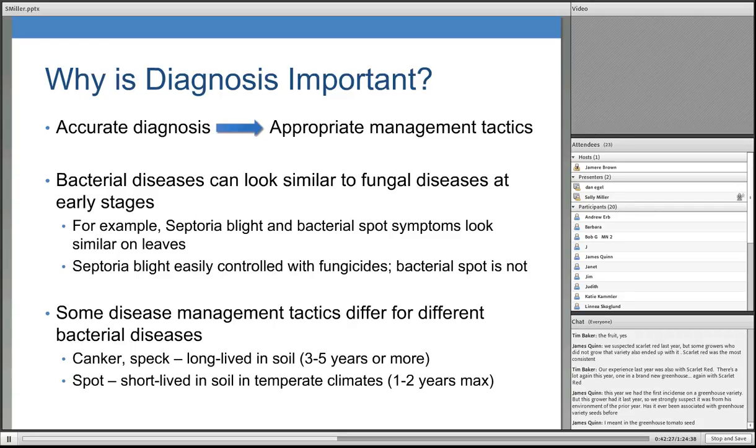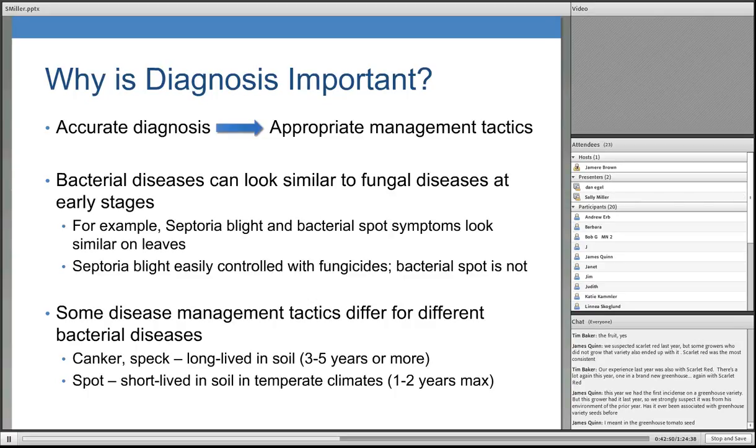Now, within the bacterial diseases, it is important to know which one you're dealing with. For example, one of the reasons canker and speck survive longer is that, although they're not soil borne, they're associated, as Dan said, with crop residue for quite a while.